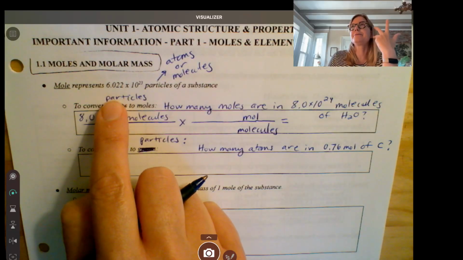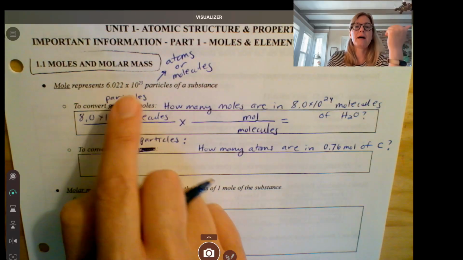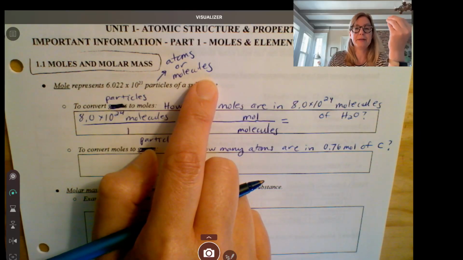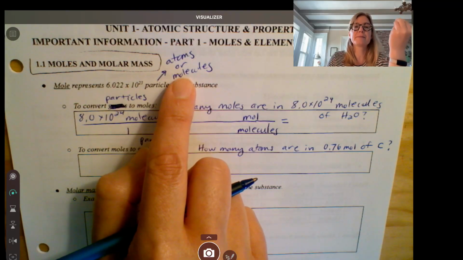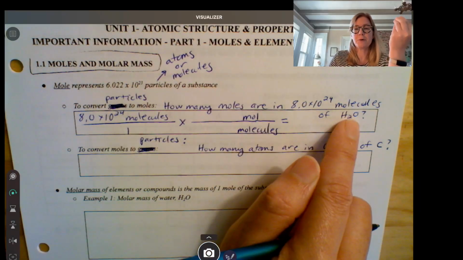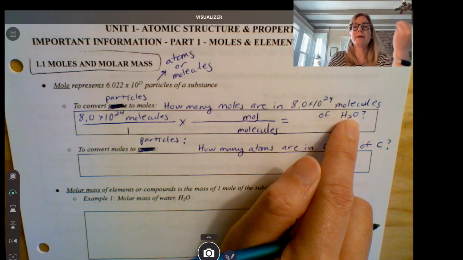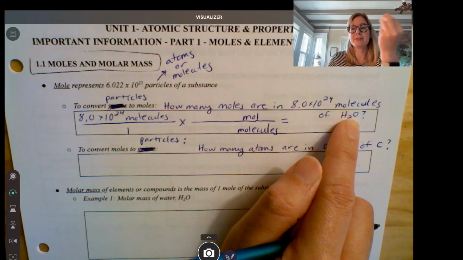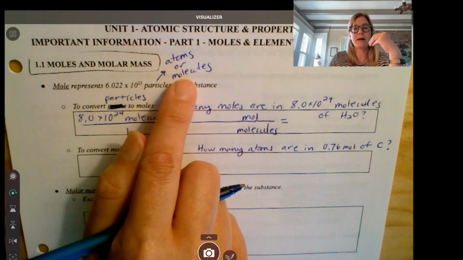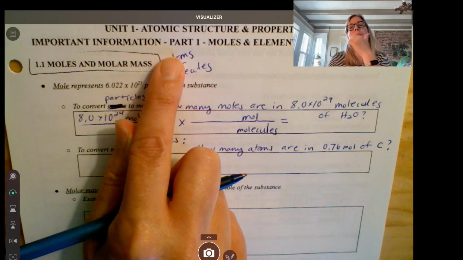A mole of carbon dioxide contains 6.02 times 10 to the 23rd molecules because it's a compound. A molecule is a group of atoms bonded together. So clearly here, because we're talking about H2O, water, water is made of molecules, each molecule containing 2 H's and an O. So that's why we're using molecules rather than atoms as our particle here.